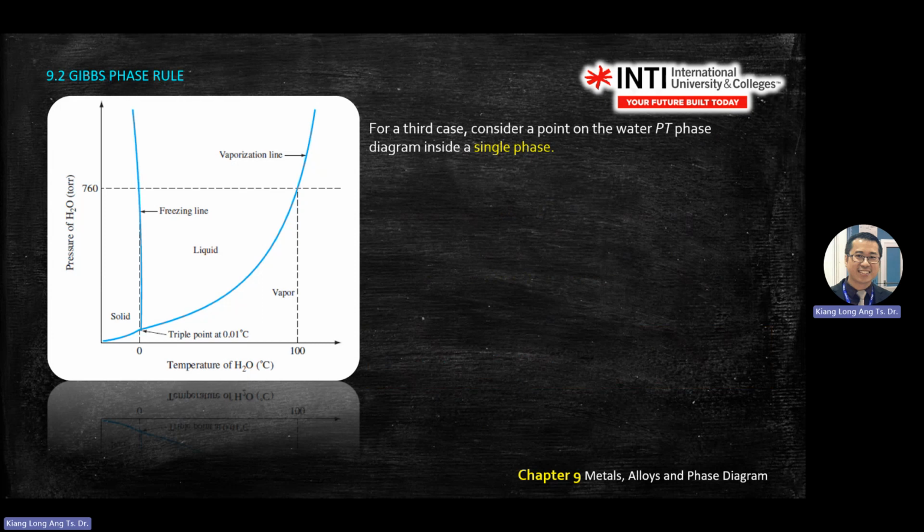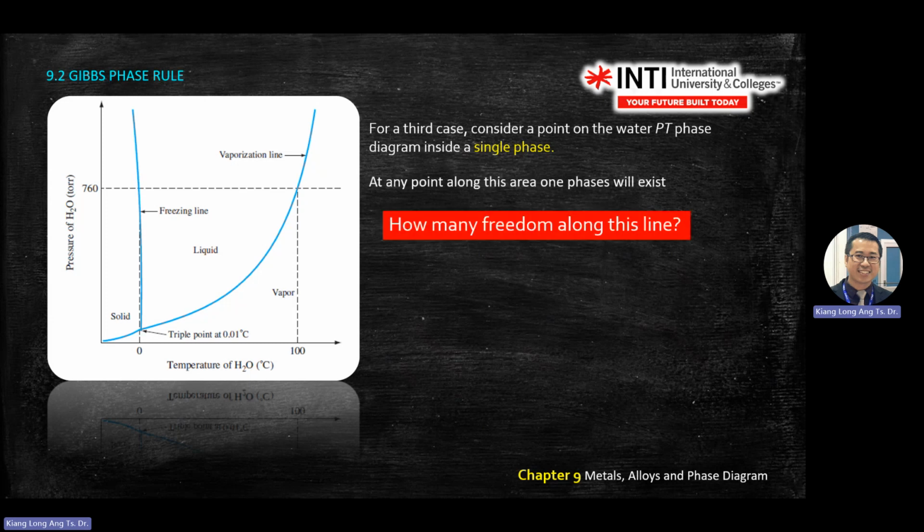So the third one is single phase, which is in the empty space here. Inside single phase, any point, let's say you just pick liquid. So this equation, how do you solve? P is what? C is 1, P is 1.